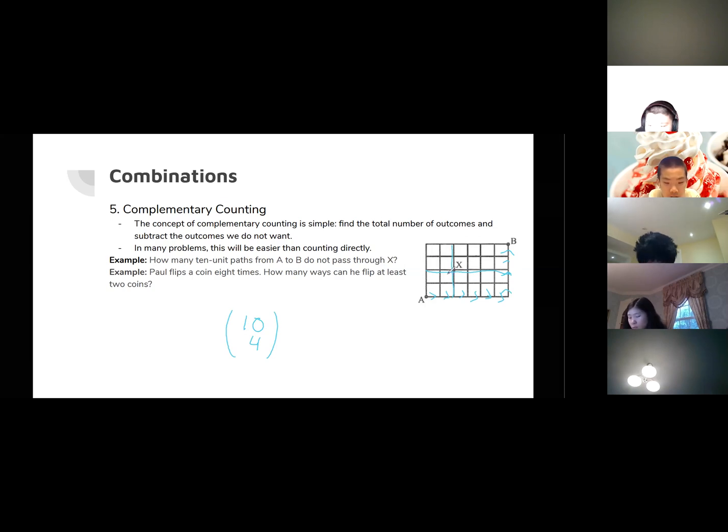So from A to X, we have 4 moves, and 2 of them are right, 2 of them are up. So this is going to be 4 choose 2, because we just have to choose 2 of the 4 moves to be up moves, and multiply, because you have to go from A to X and then X to B.